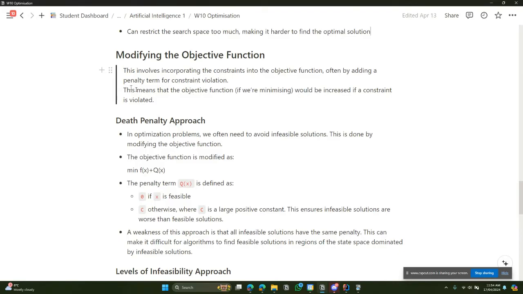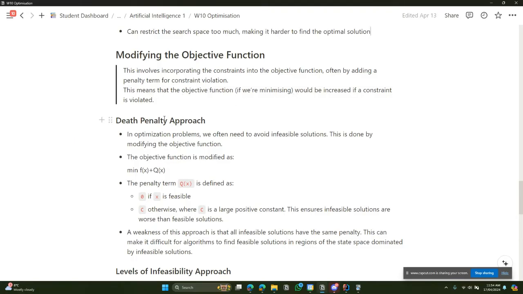So you can add a penalty if it violates a constraint in the objective function itself. If we're trying to, let's say, minimize, we can add a penalty to the objective function if it's infeasible, which would mean it's obviously not going to be the best solution because it's got a massive amount added to it. This means that the objective function, if we're minimizing, would be increased if a constraint is violated.